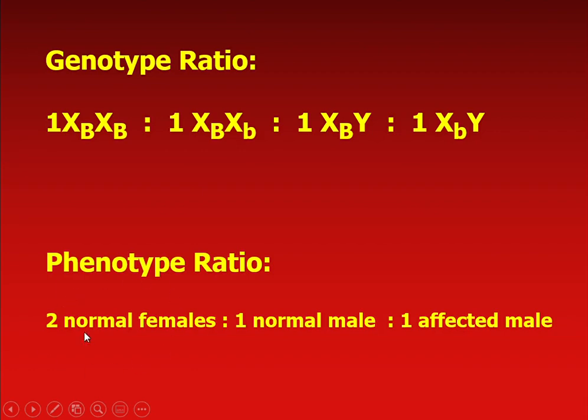I would recommend getting used to saying just 2 normal. Just keep the concept of a carrier as something that helps you identify the genotype. Try not to include it in your phenotype ratio. Just keep it as normal, because essentially they are. The condition is not carrier. Carrier doesn't necessarily mean anything. Is she colorblind or not? No. Therefore, she's normal. That's what we refer to there.